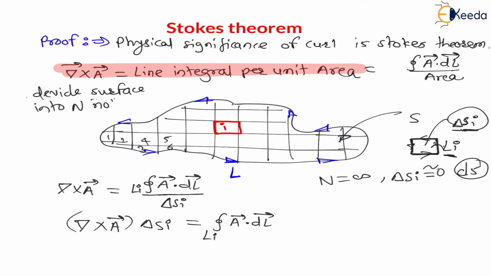So my dear students, if I integrate over the entire surface, I get the integration of curl over the surface. So I will get the integral of del cross A dot ds over the open surface, which is equal to the sum of the line integrals over Li for the first surface, second, third, fourth, fifth, sixth, and such infinite surfaces.